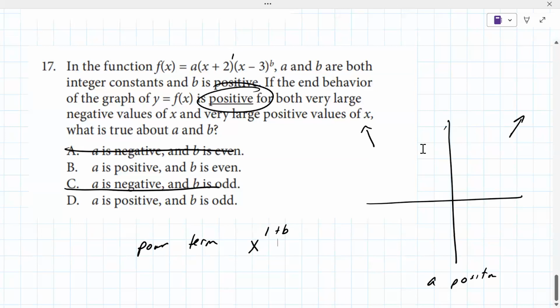And the only way you get this behavior is if it's an even exponent, which means that b is odd. A lot of this kind of back and forth stuff: the whole thing is even, but b has to be odd to make that even.